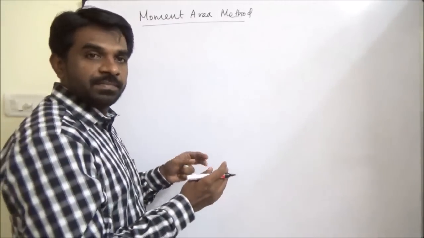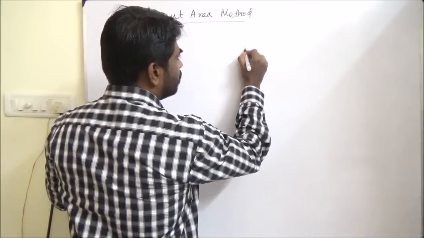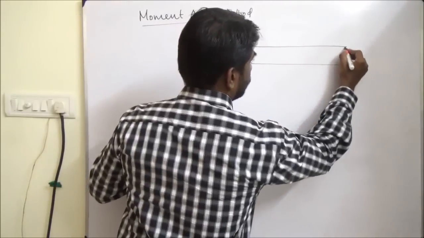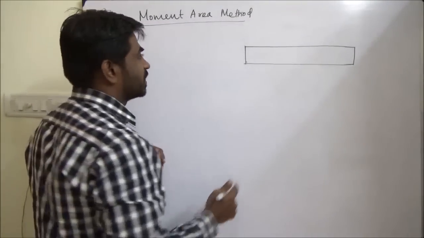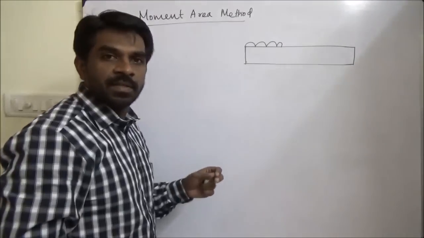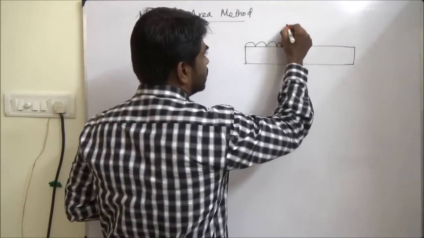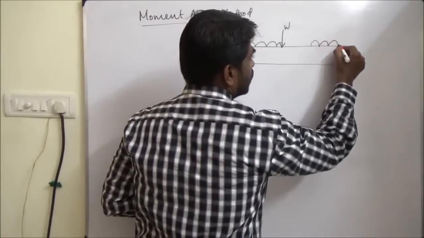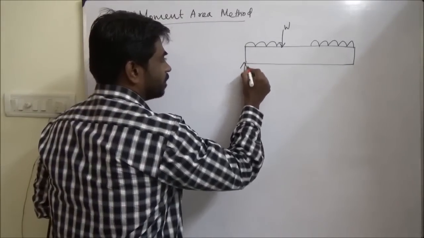Say for example, we have a beam of particular cross section and it is subjected to some UDL load and there is a concentrated load and you have some more UDL here. It is simply supported.